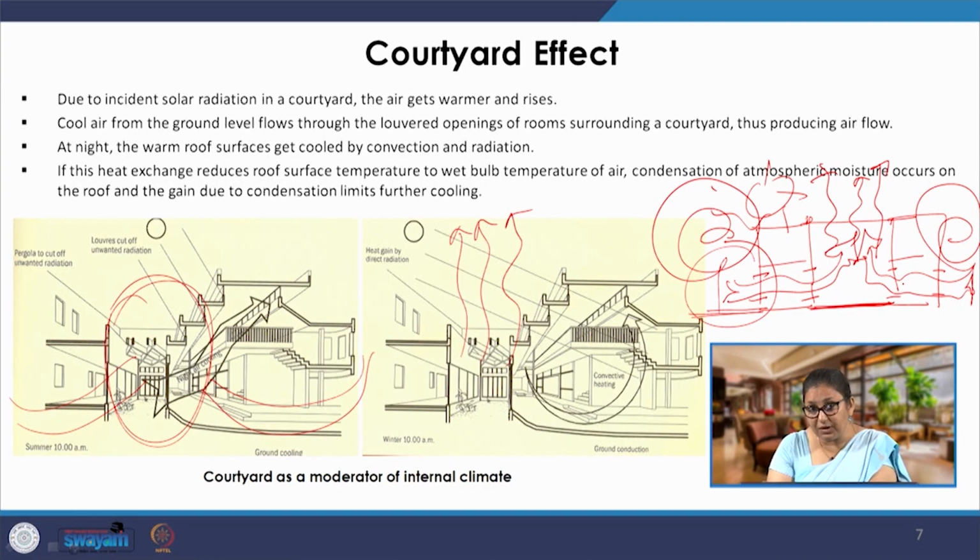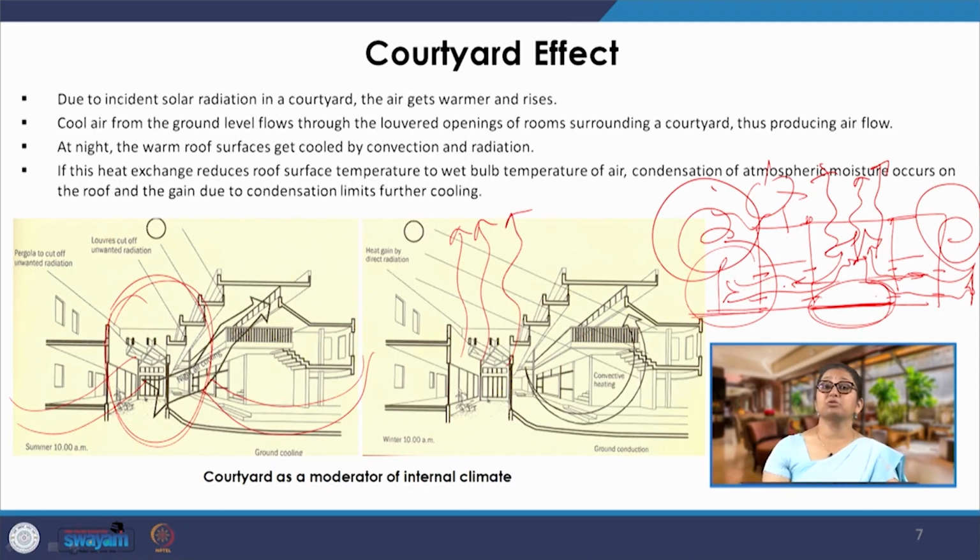So, it will heat up faster, and during the day it will release all that heat. And in the night time, it will provide for the convective heating, that is during the winter nights, because this space has already gotten heated up. So, this space will heat up the space surrounding it.